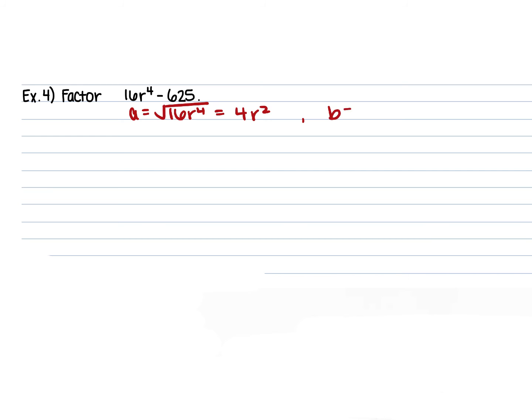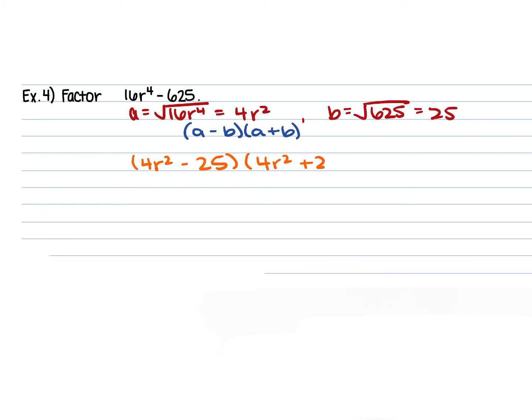If we find B by taking the square root of 625, that's 25. If we use A minus B times A plus B, this gives us 4r squared minus 25 times 4r squared plus 25. Now you have to ask yourself, I have two binomials.